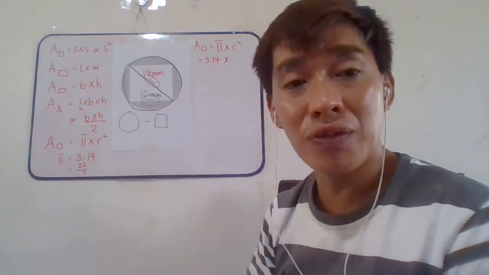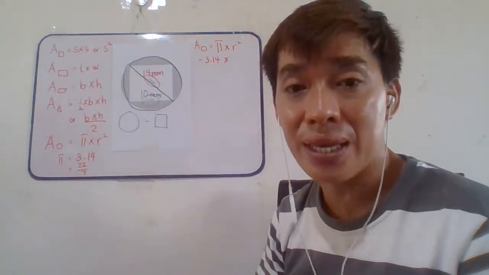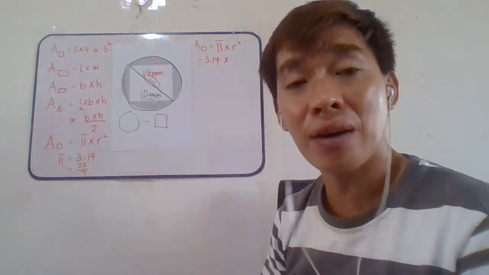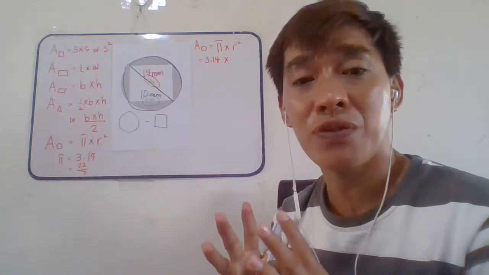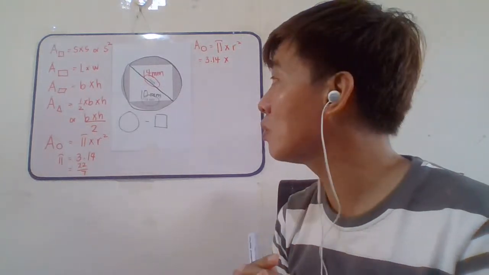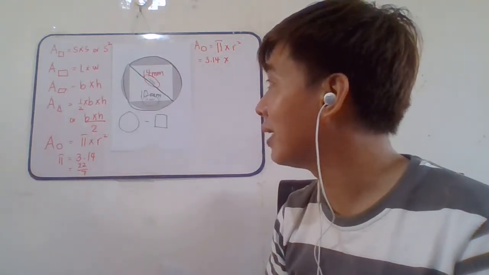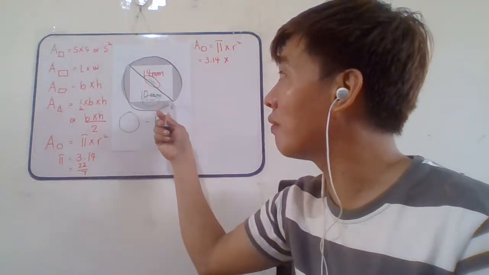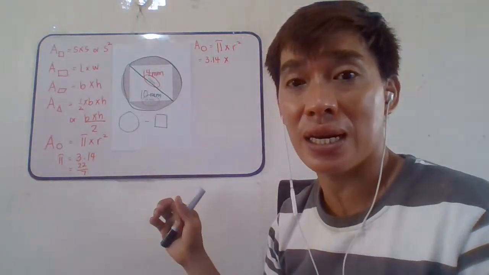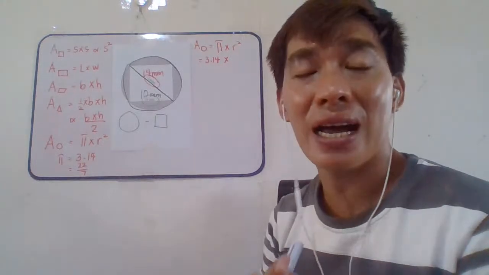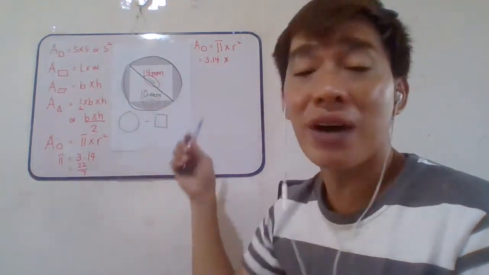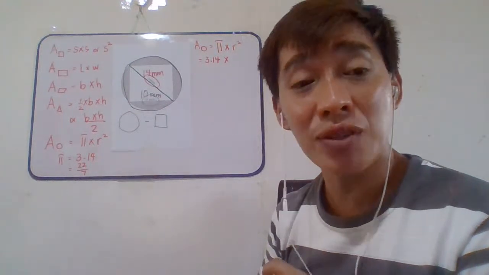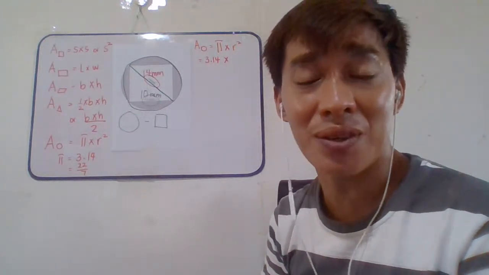I know that some of you are solving another way, because there is another way to solve the area of the square. But it's hard for me to look for the correct value of the diagonal of the square, which is also the diameter of the circle.